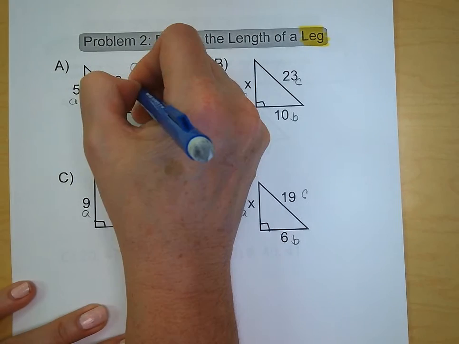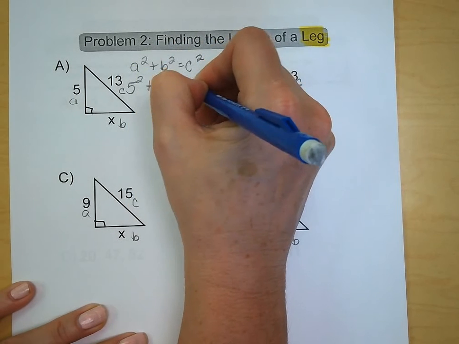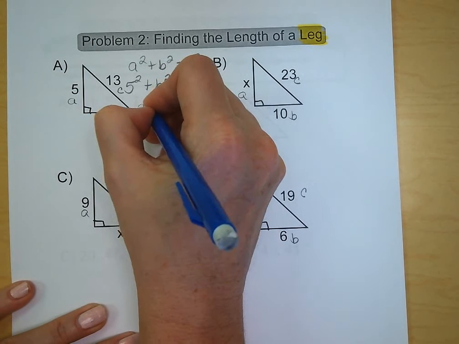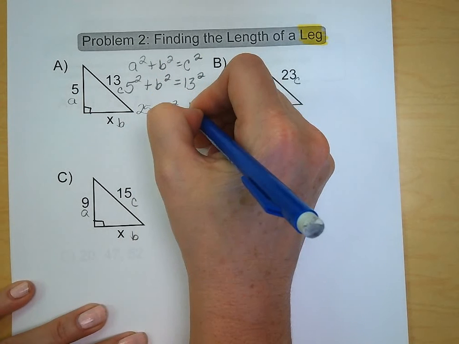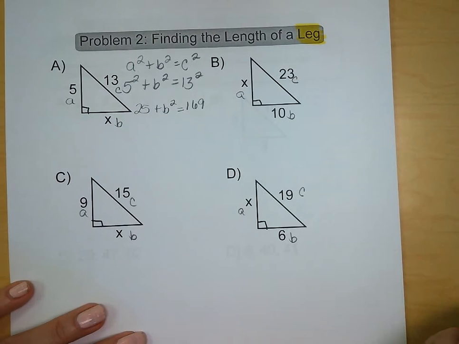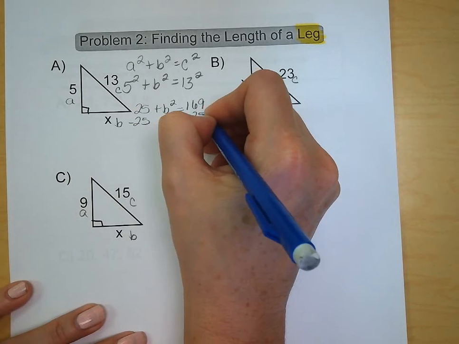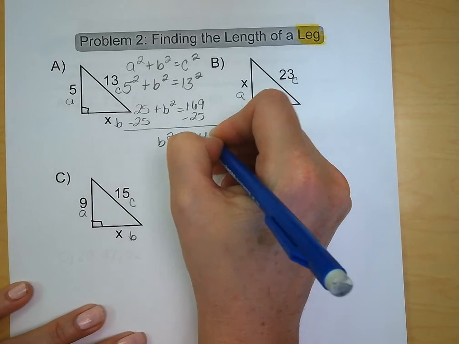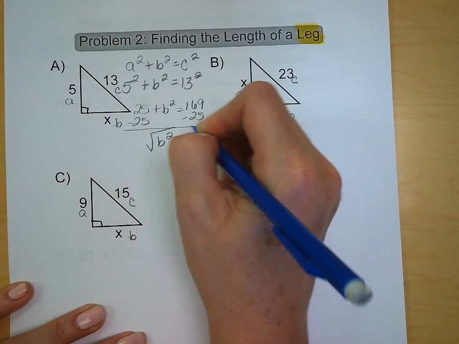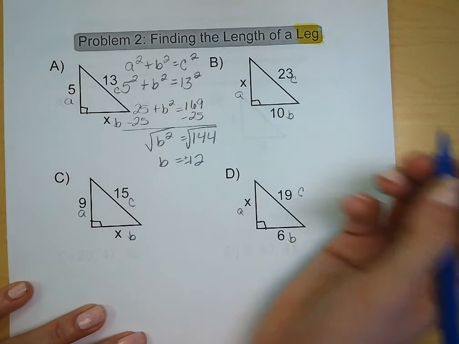And we're going to plug in our values for A, B, and C. A is 5 squared, B is our unknown, so it stays the variable, and C is 13. So 25 plus b squared equals 169. Subtract 25 from both sides, and x squared is equal to 144. That is a perfect square that you should know. It is 12.